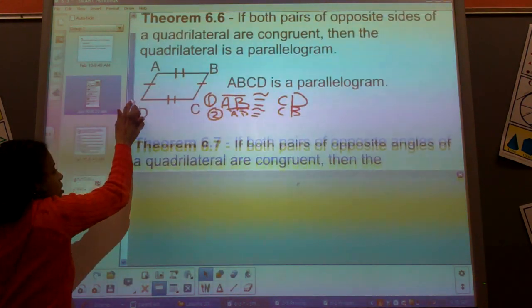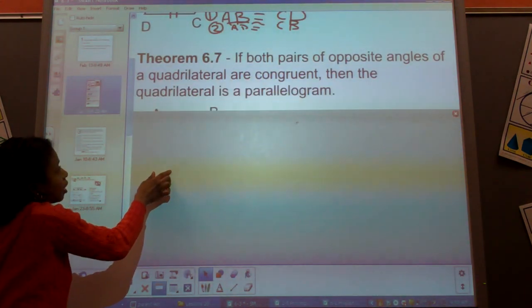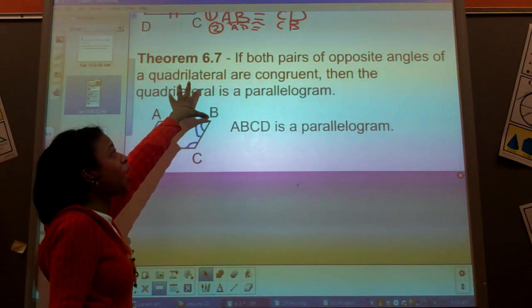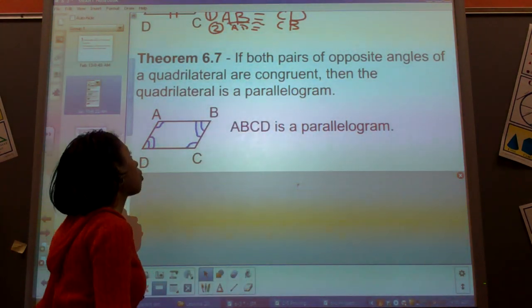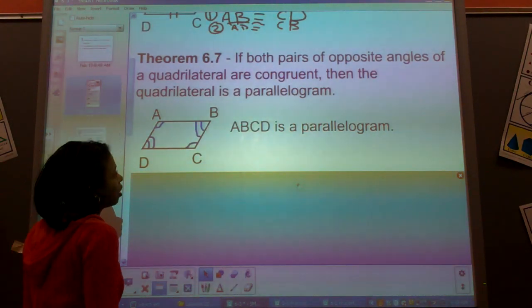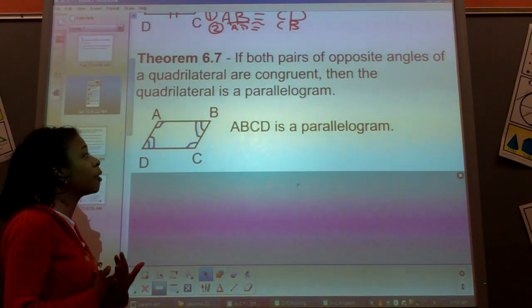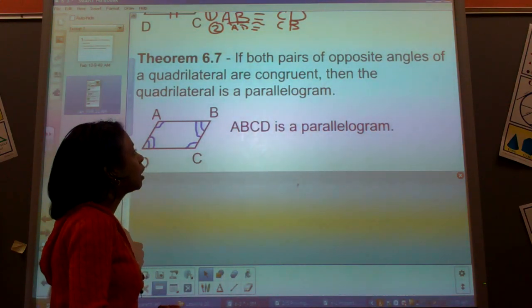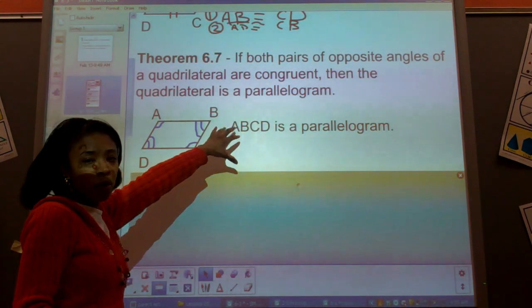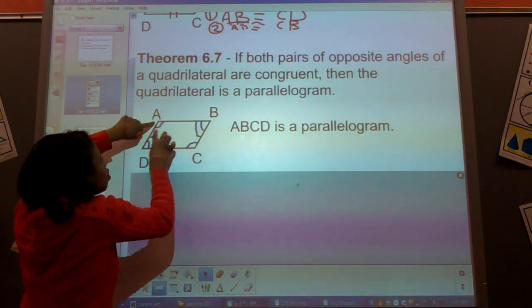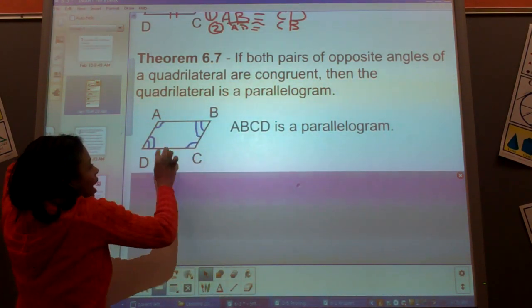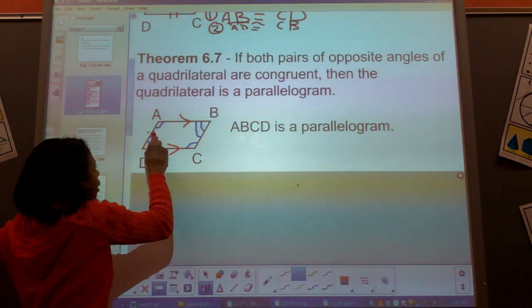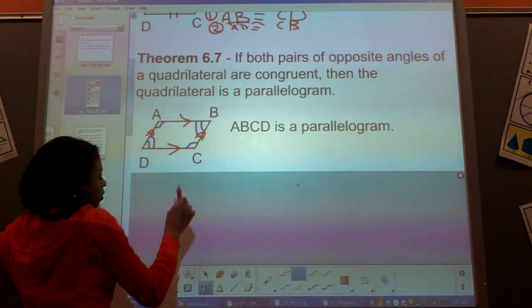Here's Theorem 6.7. If both pairs of opposite angles in a quadrilateral are congruent, then the quadrilateral is a parallelogram. Remember, a parallelogram is a quadrilateral, a four-sided polygon, but what's special about it is that the two opposite sides are parallel to one another, and these two are parallel to one another.